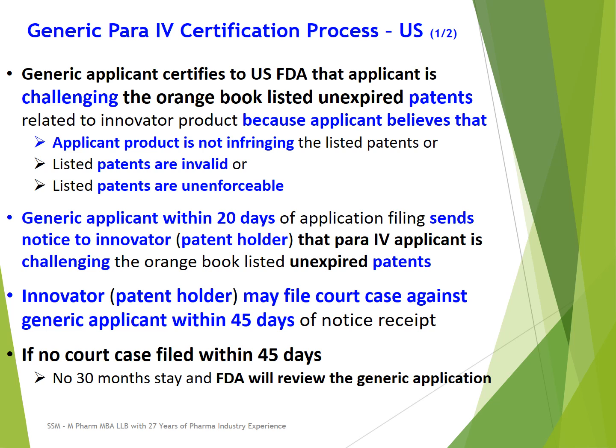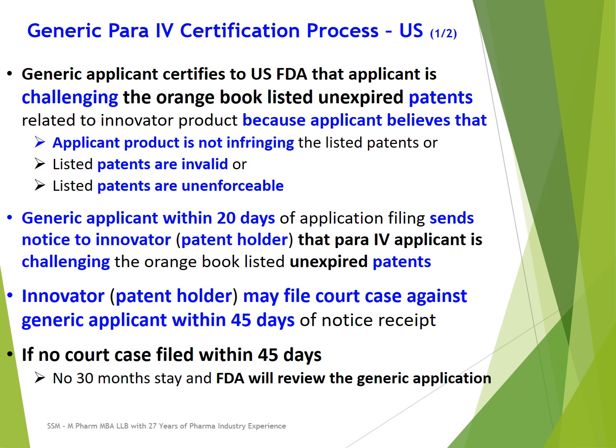In the application, the generic applicant certifies to US FDA that the applicant is challenging the Orange Book listed patents which have still not expired, they are still existing, but the applicant believes that the generic product is not infringing those listed patents, or that those listed patents are invalid, or not enforceable.